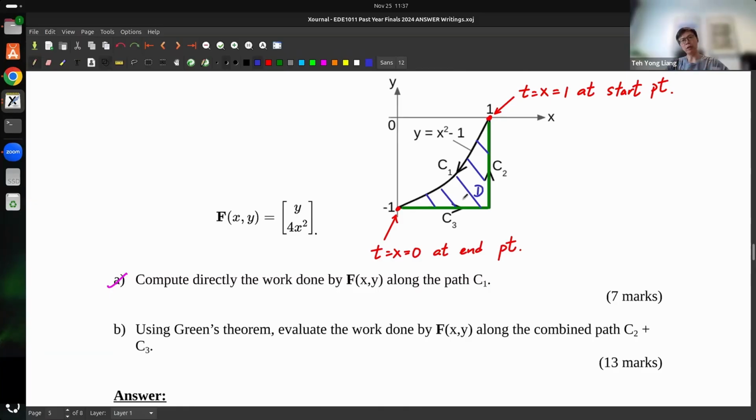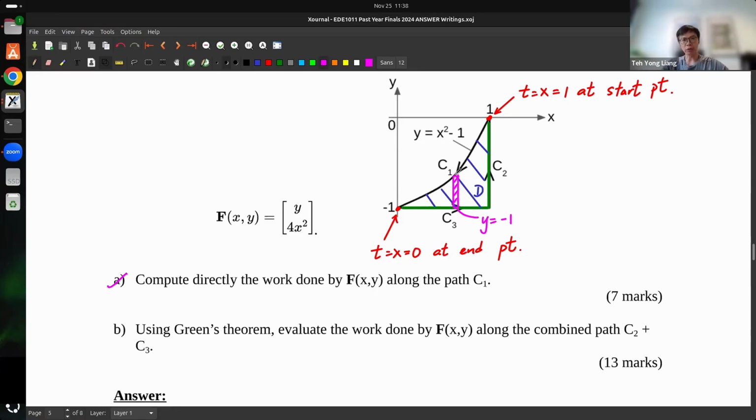So therefore, maybe I can choose to integrate with respect to y first, followed by x. Okay. So if I look at the y element, right? Y element is like that. That means the vertical element in the y direction. So that means I must integrate from y equals to minus 1. You can see this lower bound, right? Is y equals to minus 1, to the upper bound.